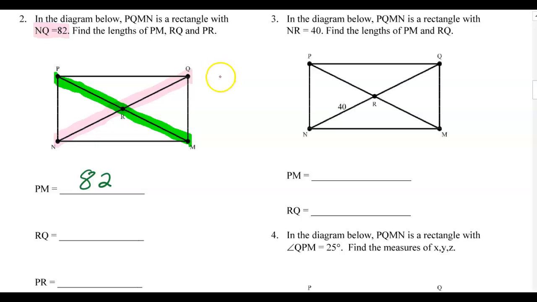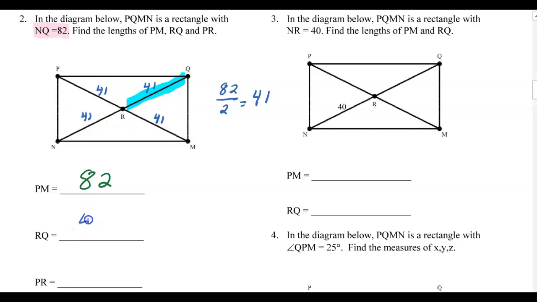So to find the length of just half of the diagonal, which I'm going to highlight here in blue, I would take half of 82. So 82 divided by 2 is 41. So that little blue piece is 41, and in fact all the little portions of the diagonal are 41. So that means RQ is 41. It also means PR is 41.